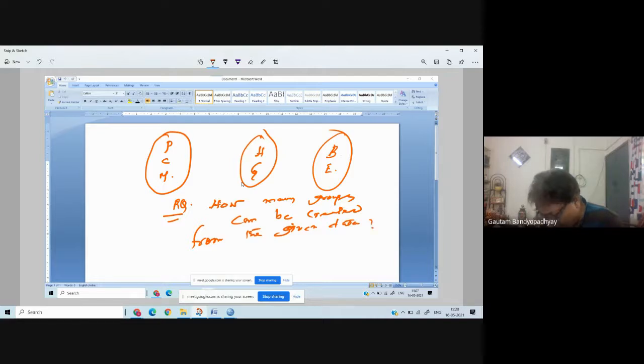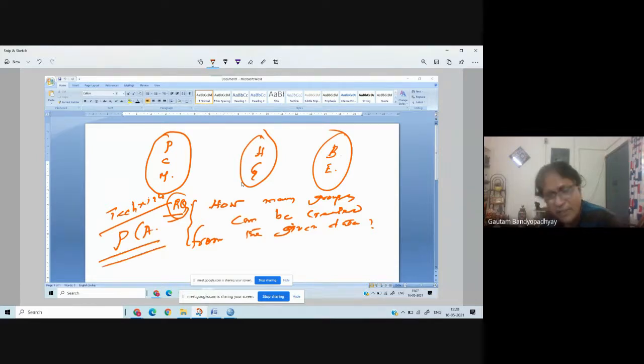For this first research question, we need some technique that is called PCA, that is principal component analysis. Now I will explain what PCA is. That's another part. So this is the first research question.